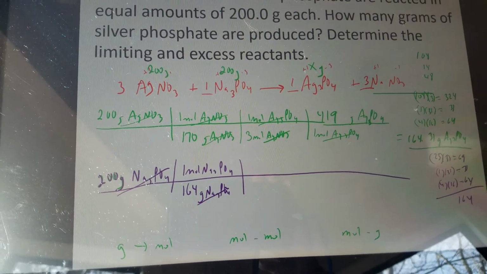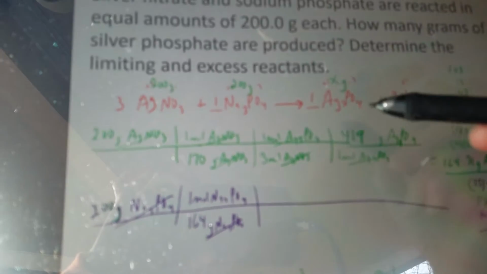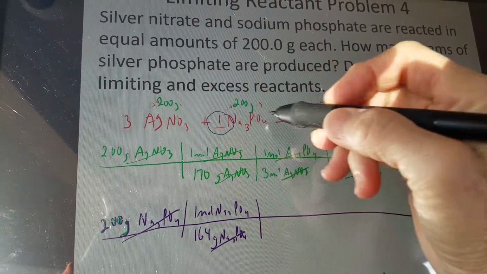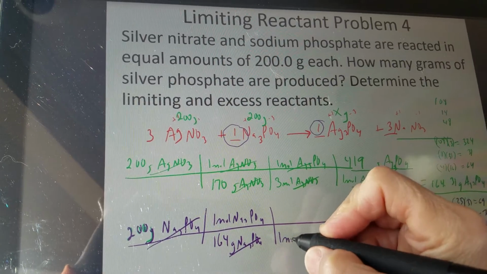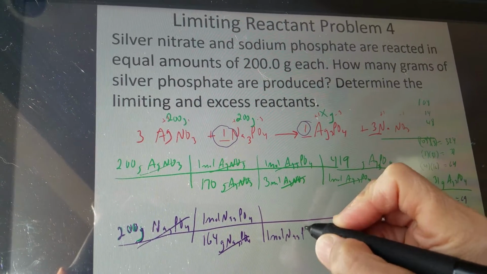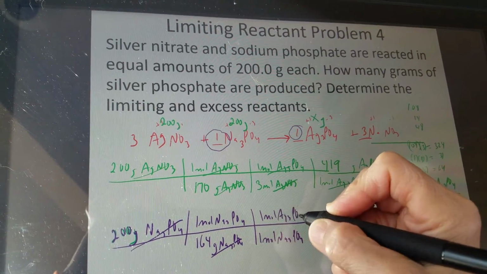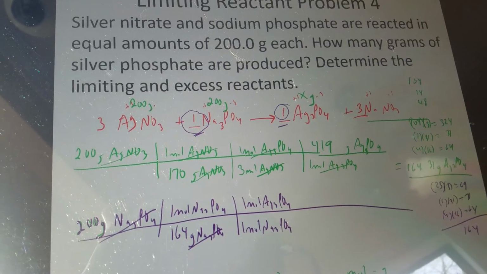Now that we have moles of sodium phosphate, I'm going to go to moles of what I'm looking for, which is my silver phosphate. So now I want to use my mole ratio. So it's a 1-to-1 mole ratio. So 1 mole of the sodium phosphate to 1 mole of the silver phosphate. And again, I'm getting these 1s from my coefficients in this balanced equation.